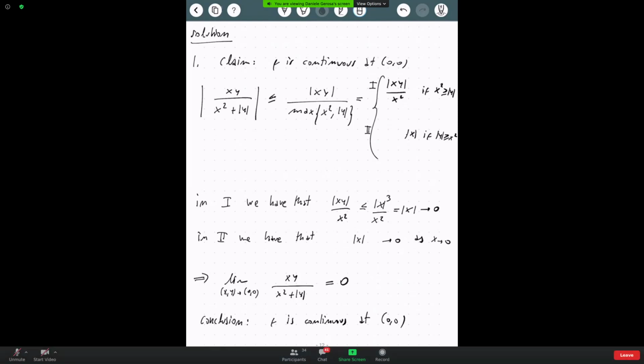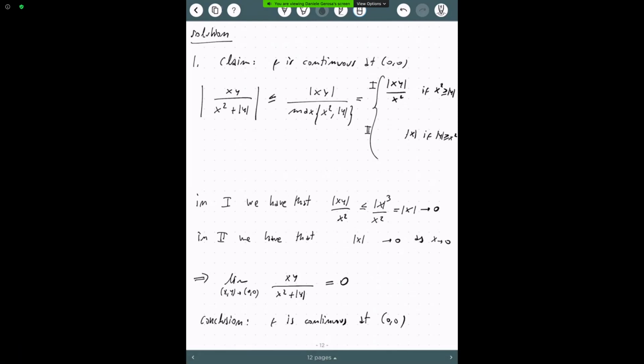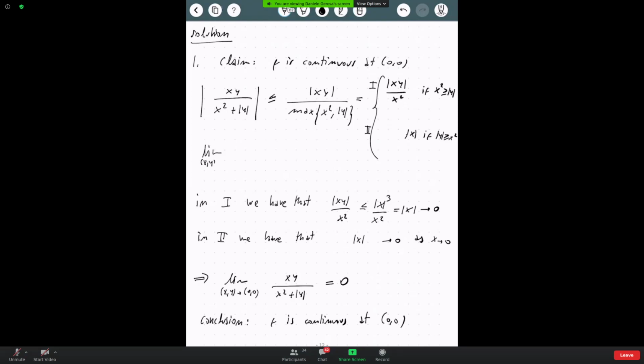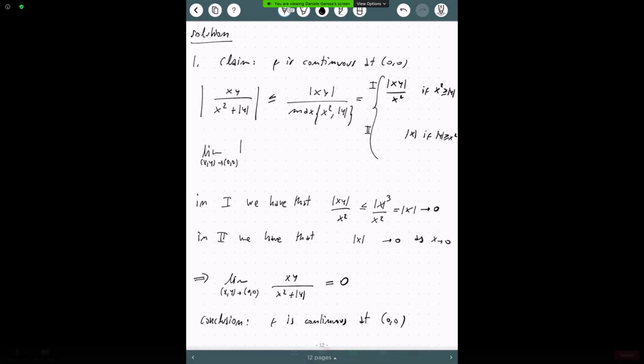Yes, that's what we want to prove. If I prove that the limit of this with the modulus is equal to 0, then of course the limit of the function itself goes to 0. So that's what we are doing.